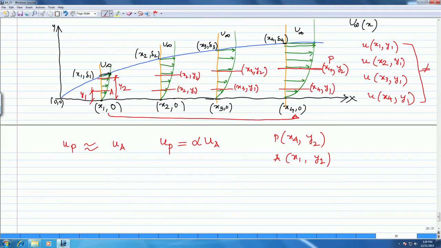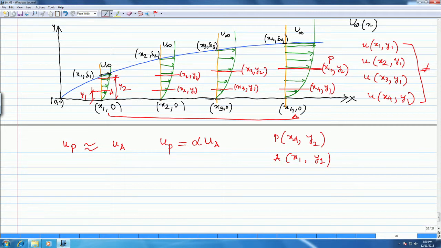I will need a scaling factor for that. So the velocity profile at the location x4 is just a scaled version of the velocity profile at x1. Does that make sense?